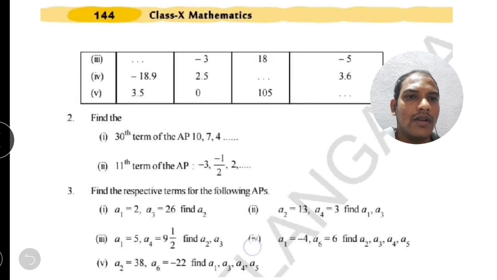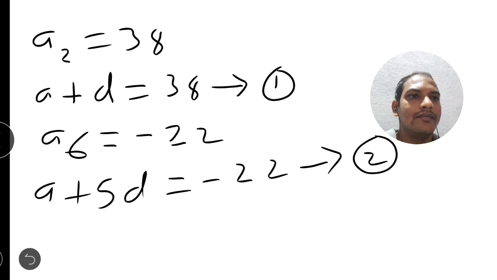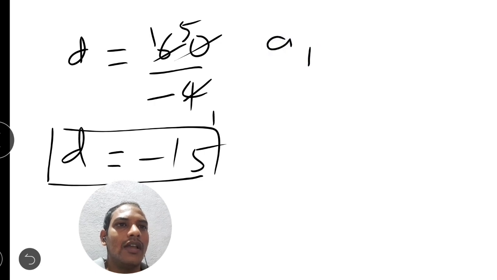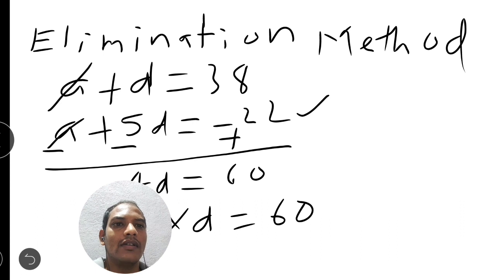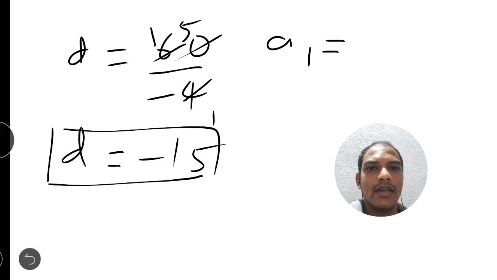So now we have to find out A1, A3, A4, A5. First, A1. A1 is nothing but A. So what is the A value here? Sorry, the A value is not found yet, so let us find the A value.